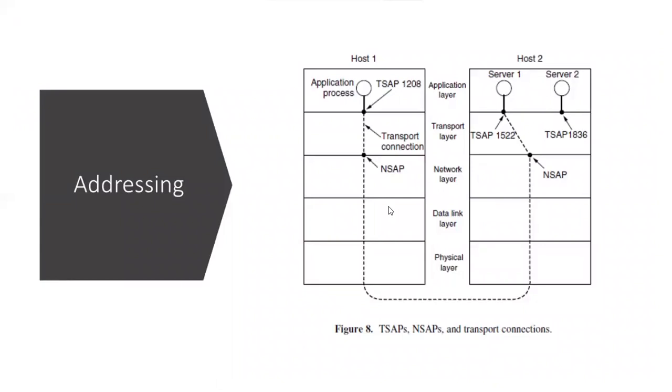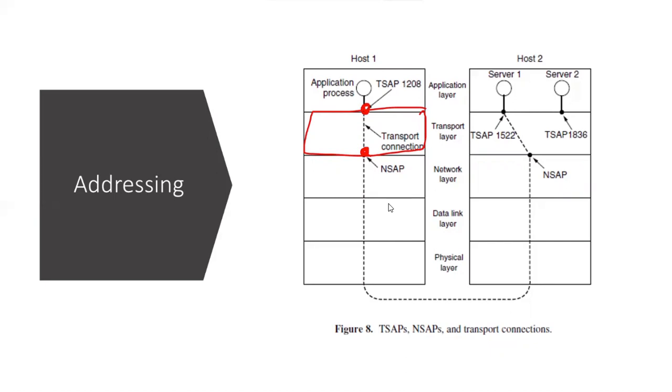Now let us come to the question of addressing. Like I said, there is an interface between the transport layer and the application layer, and similarly between the transport layer and the network layer. The reference points that are used are called addresses.